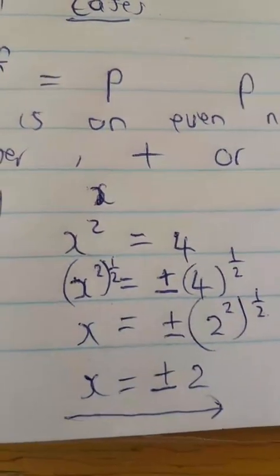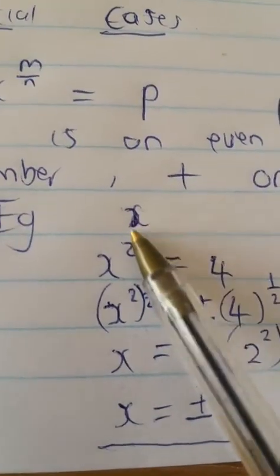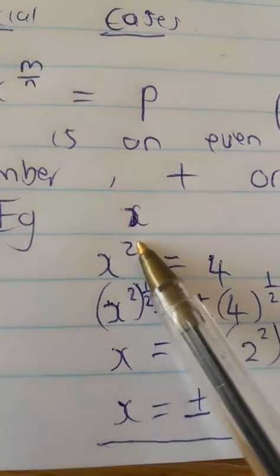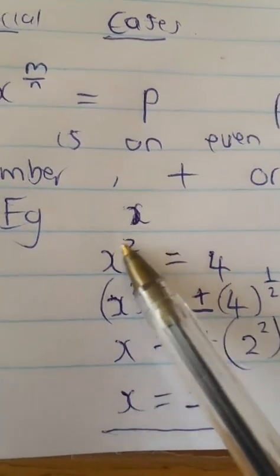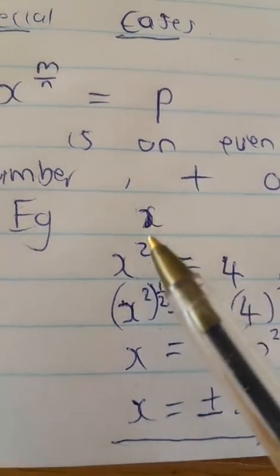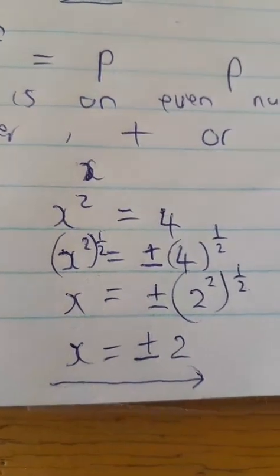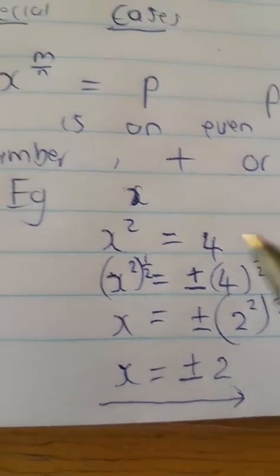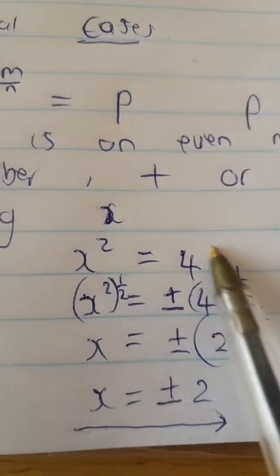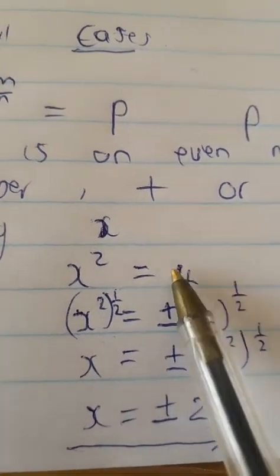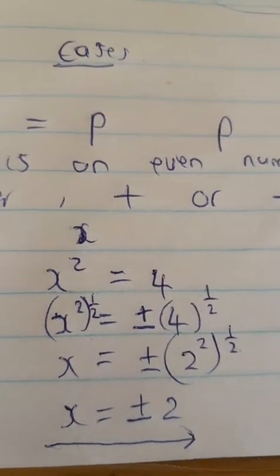I hope that is clear where the numerator of our rational exponent is even. We are supposed to have 2 answers, 1 positive and the other negative, as long as the numerical value on the right is a positive value. Very, very important.